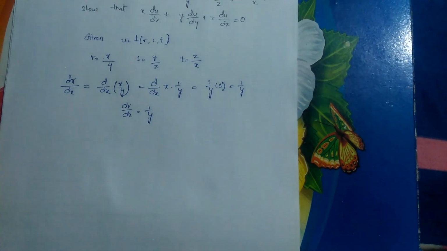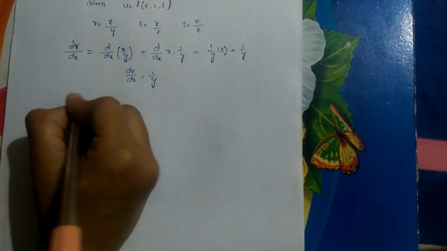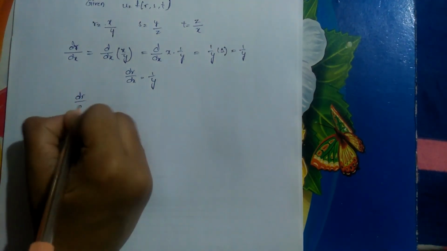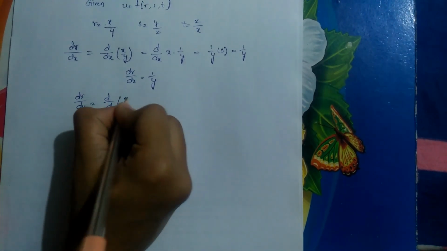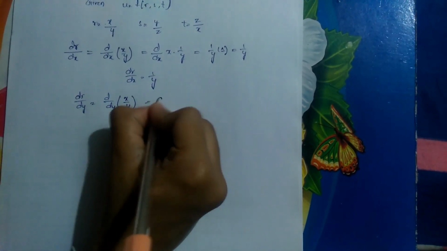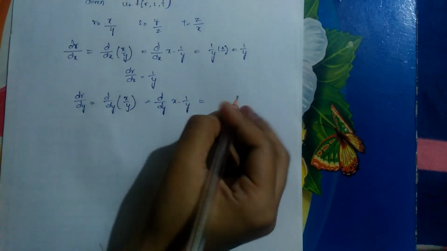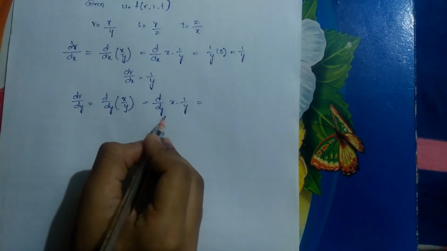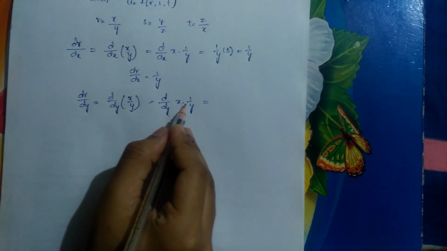Similarly, find dou r by dou y. So now r is derived with respect to y. So dou r by dou y is equal to dou by dou y of r, which is x by y. That is dou by dou y of x into 1 by y. Now when it is derived with respect to y, the other variable x is treated as constant.